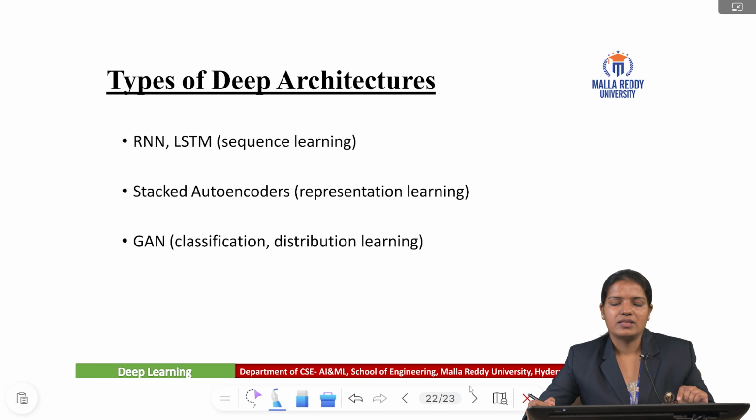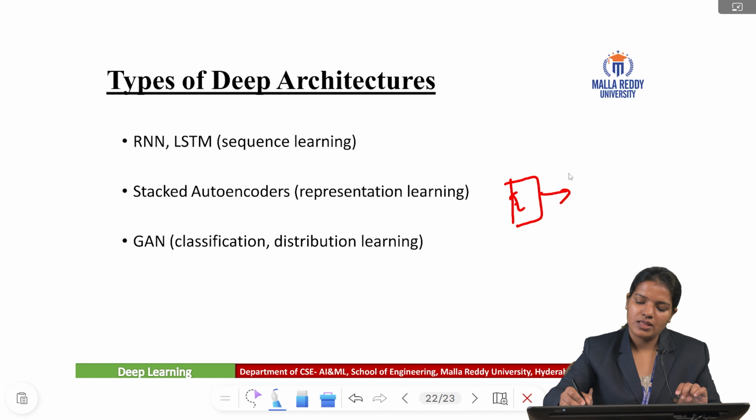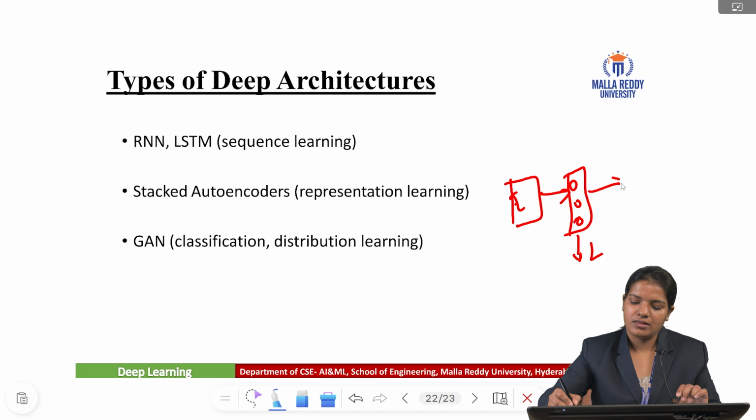Suppose the RNN, that is the recurrent neural network, and the LSTM, that is long short-term memory, deep learning models we use for time series or sequence data. Autoencoders we use for representation learning. An autoencoder mainly consists of the encoder block, latent space, and the decoder.